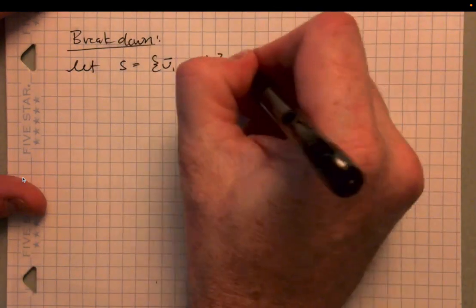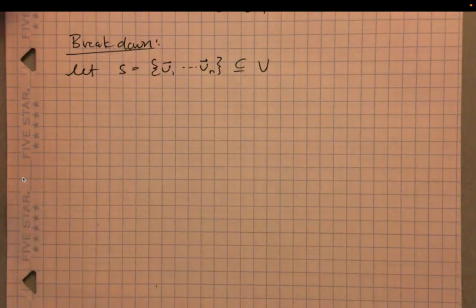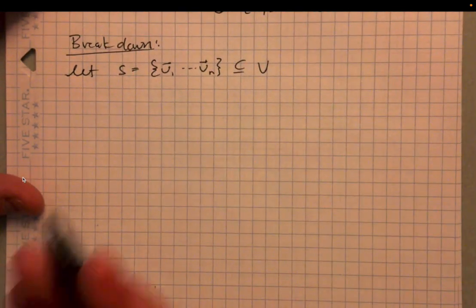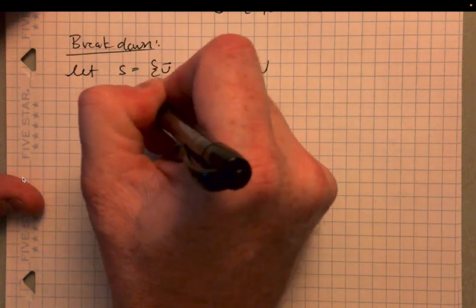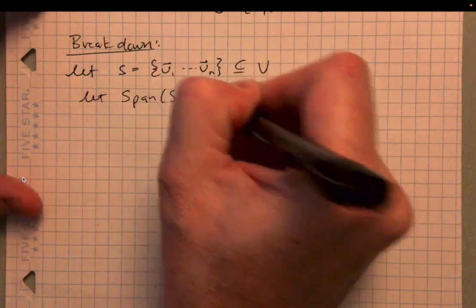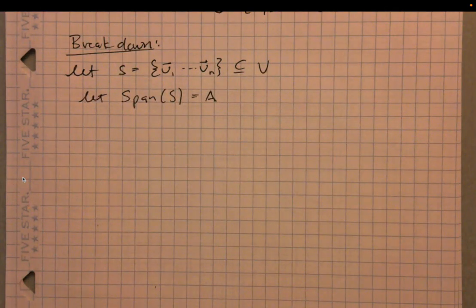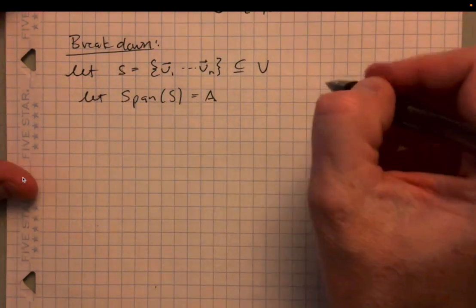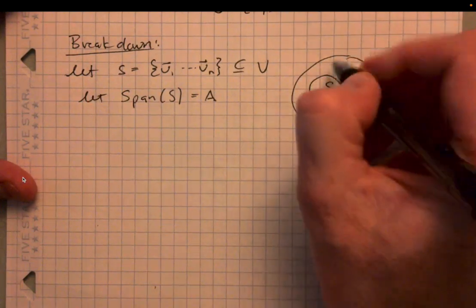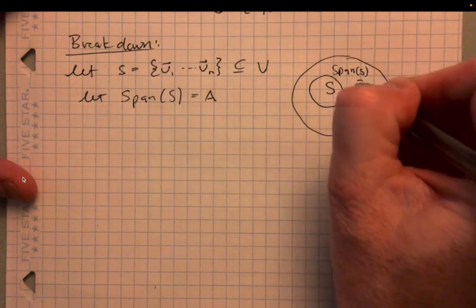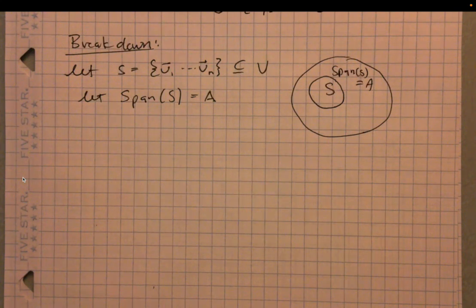It's a subset of a vector space V. And just for simplicity, let's let the span of S equal some set A. So you've got a subset S, and then you've got the span of S, which is bigger. You're going to reach outside of S, and there'll be more vectors that you can write as linear combinations of S. Just to keep that straight, I'm calling the span of S A, just for now.